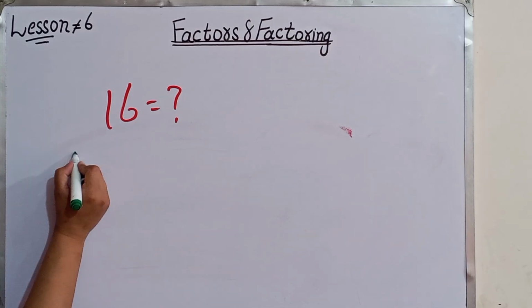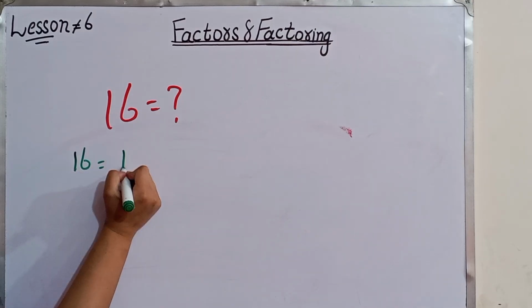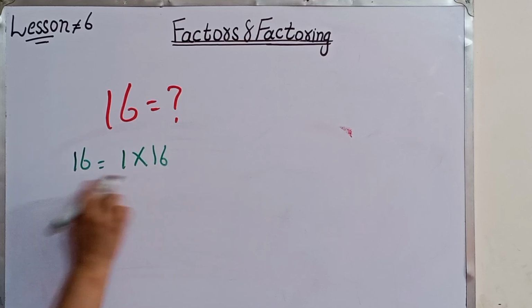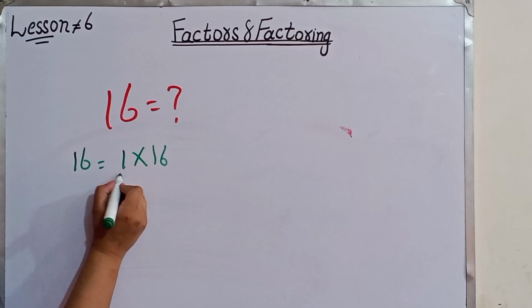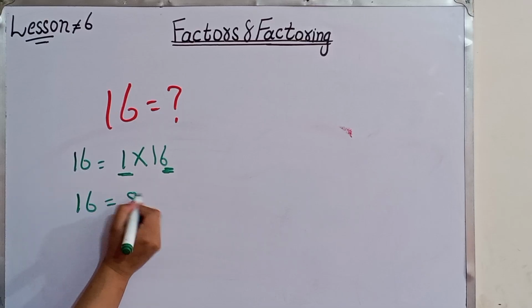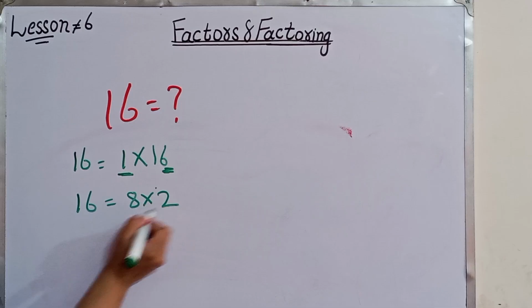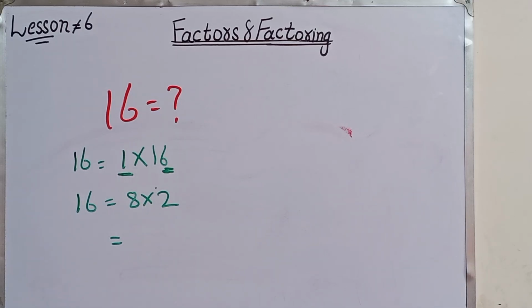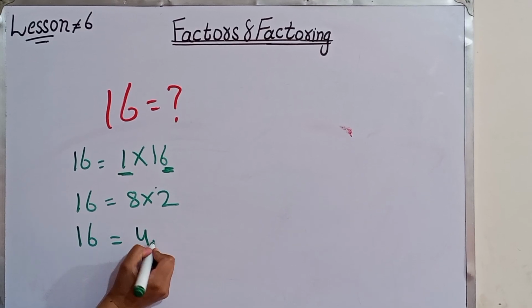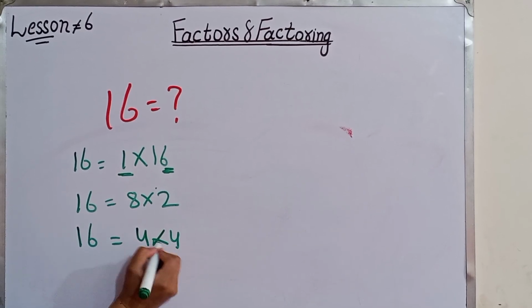Okay. 1 multiplied by 16, so 16 is also a factor, and 1 is a factor of any number. Then 8 multiplied by 2 is 16. 4 fours are 16, which is also a factor.